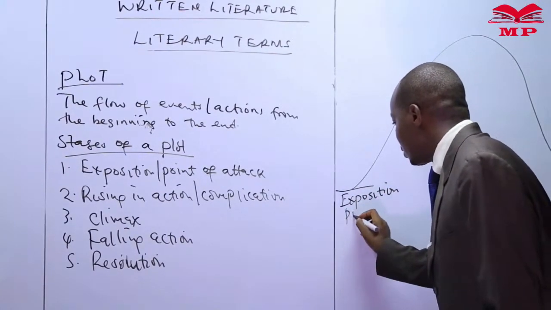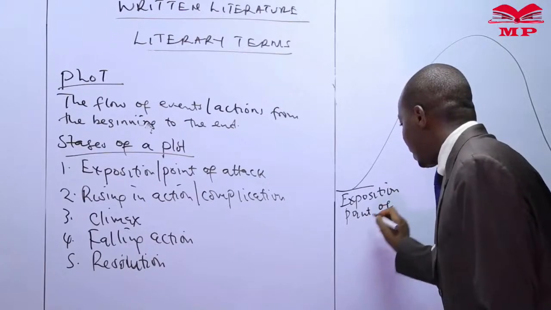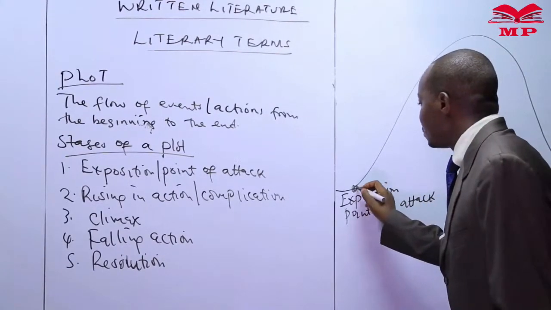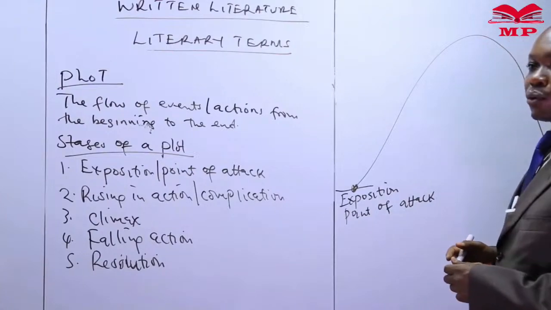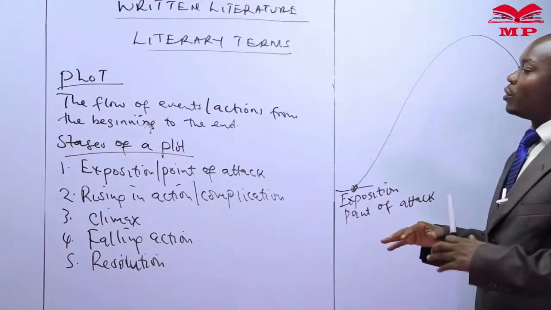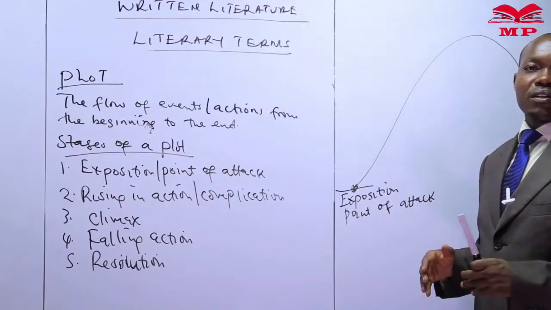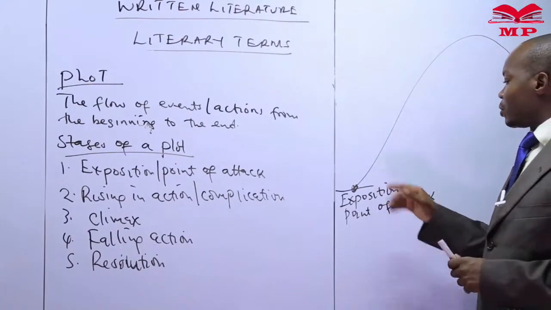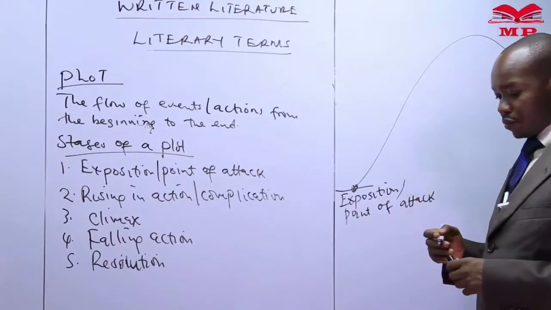At the beginning, that's the time we are told more about the story. This is the time we are introduced to characters and the setting of that story. It's called point of attack or exposition.